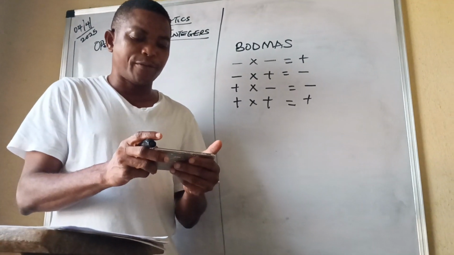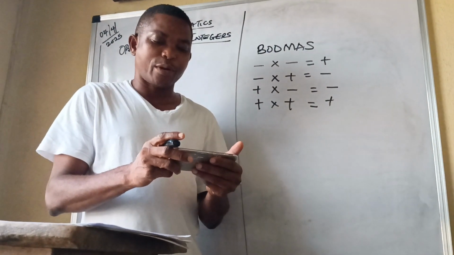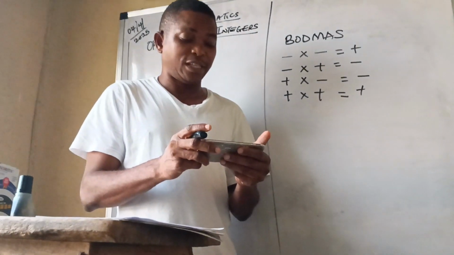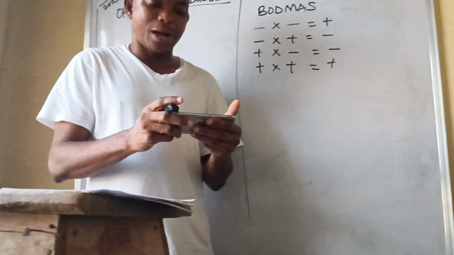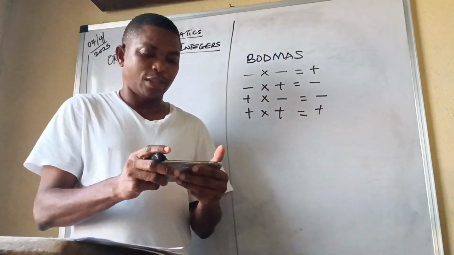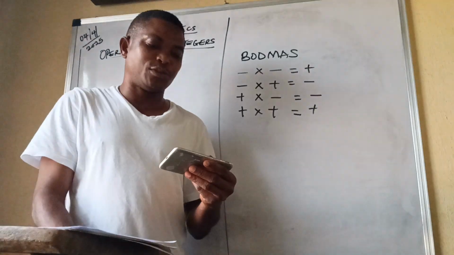An object moving forward or up can be represented by a positive integer. When an object moves backward or down, a negative integer is used.